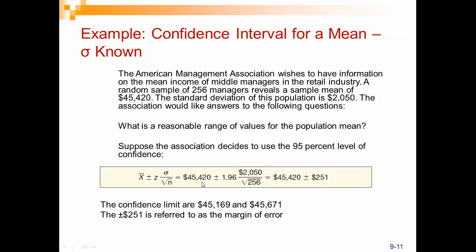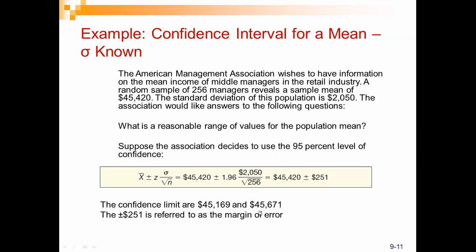It's our best estimate of the population mean. Then we're adding and subtracting 1.96, which is our z-score, times the population standard deviation divided by the square root of n, which equals 45,420 plus and minus $251.